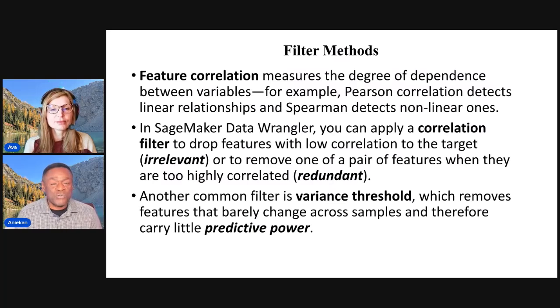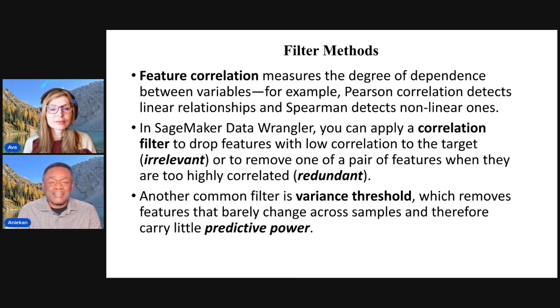They look at how features relate to one another and to what we're trying to predict. For example, we can remove features that don't change much or are too similar to other features. SageMaker has tools that can help with this, right, Ava? Yes, that's right. We're going to see some Data Wrangler in SageMaker shortly, actually. Very cool. Looking forward to that.